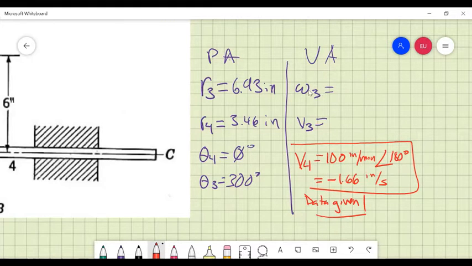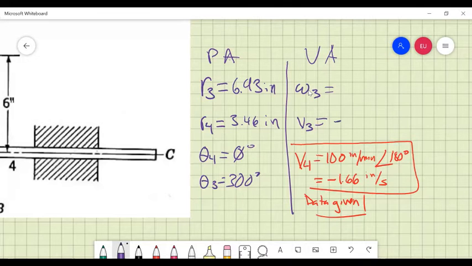So what was the solution for omega 3 and v3? For v3, it was minus 0.83 inches per second.